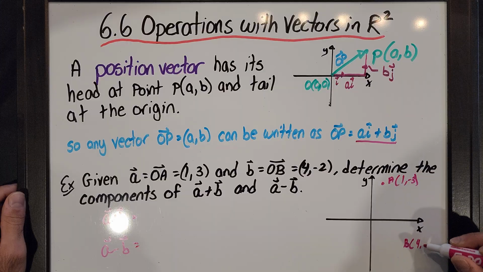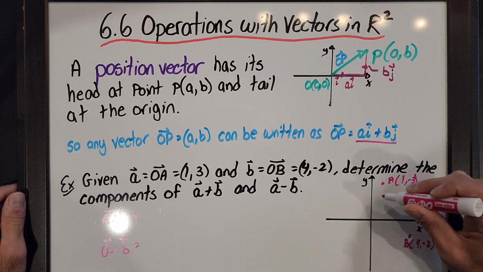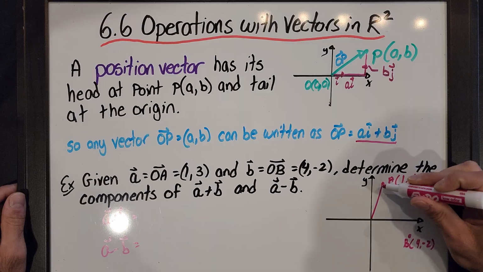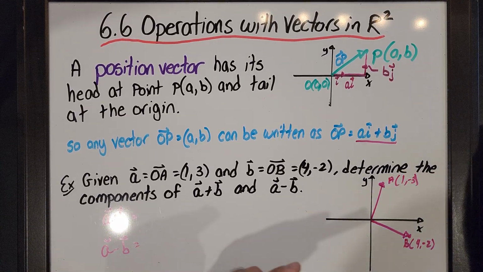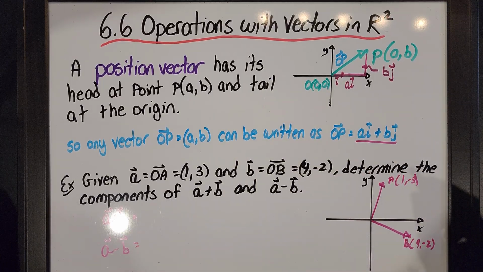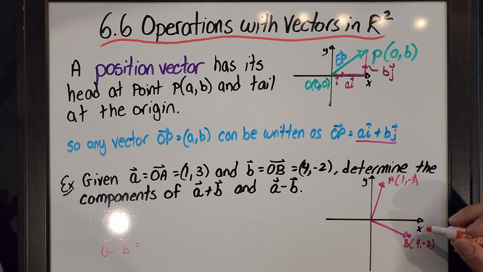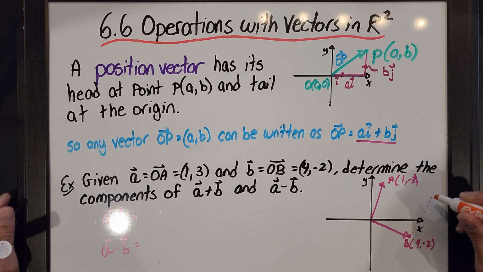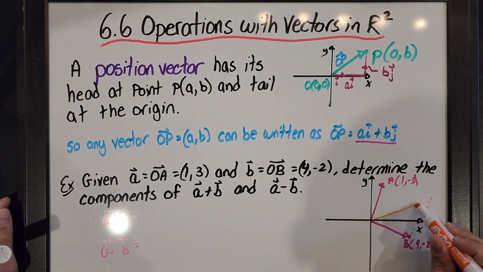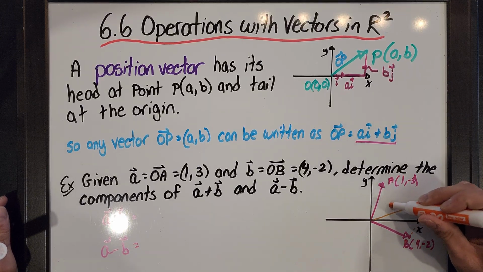B is 4, negative 2, and they all come from the origin. All right. Now, A minus B and A plus B, so if I did my parallelogram over here, this is going to be my A plus B.